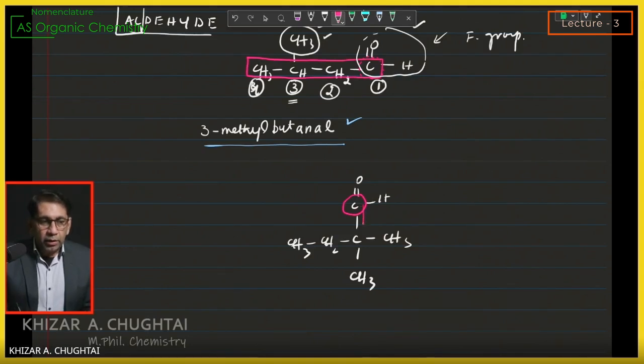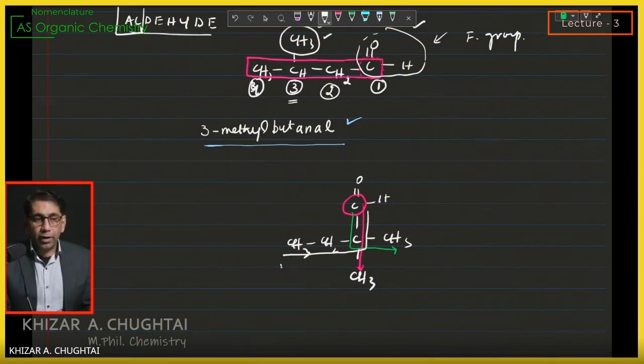Carbon number one, two, three. If I'm going straight down, there are three carbons on my way. If I'm taking a turn towards the right hand side, one, two, again three. Three carbons are there. If I'm taking a turn towards the left hand side, starting from the same carbon, one, two, three, four.